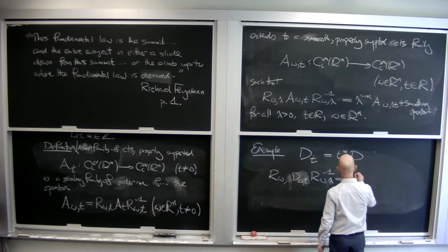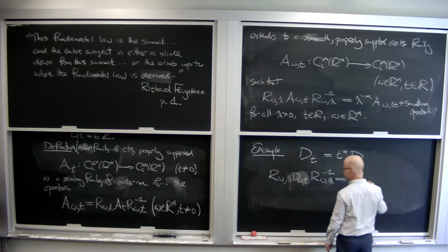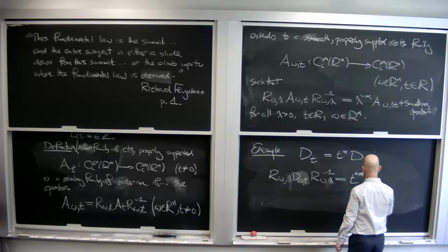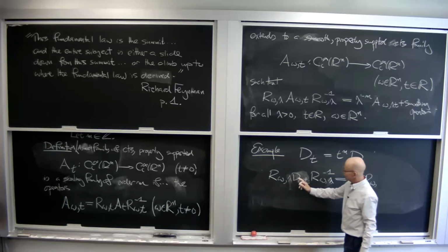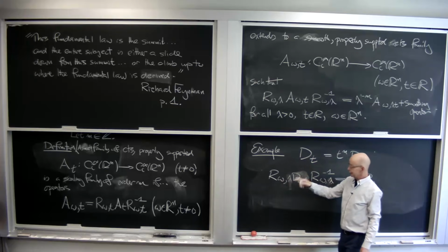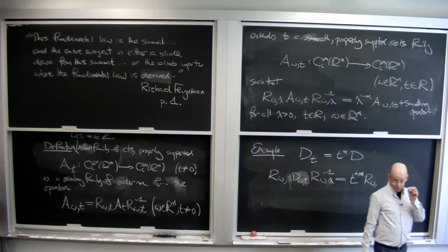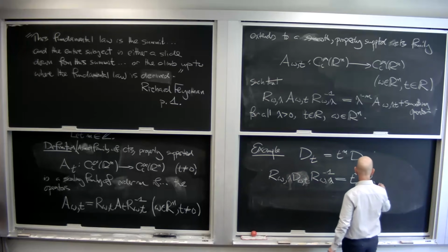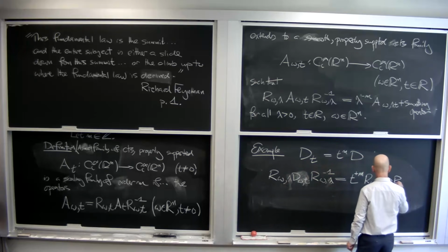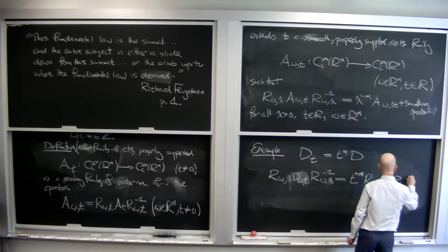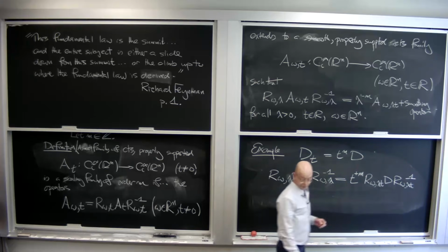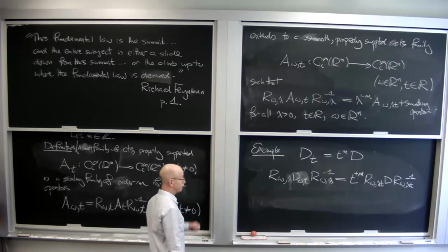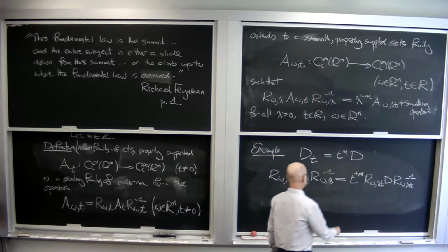So this is just t to the plus m, excuse me, times r of omega. So what I'm doing is I'm applying to D r omega lambda, having already first applied r omega t. But r omega lambda times r omega t, you're allowed to make that composition because it's the same omega, and what you just get is r omega comma lambda t. So this is just r omega lambda t D r omega lambda t inverse. These scaling operators compose nicely if the omegas match like they do here.